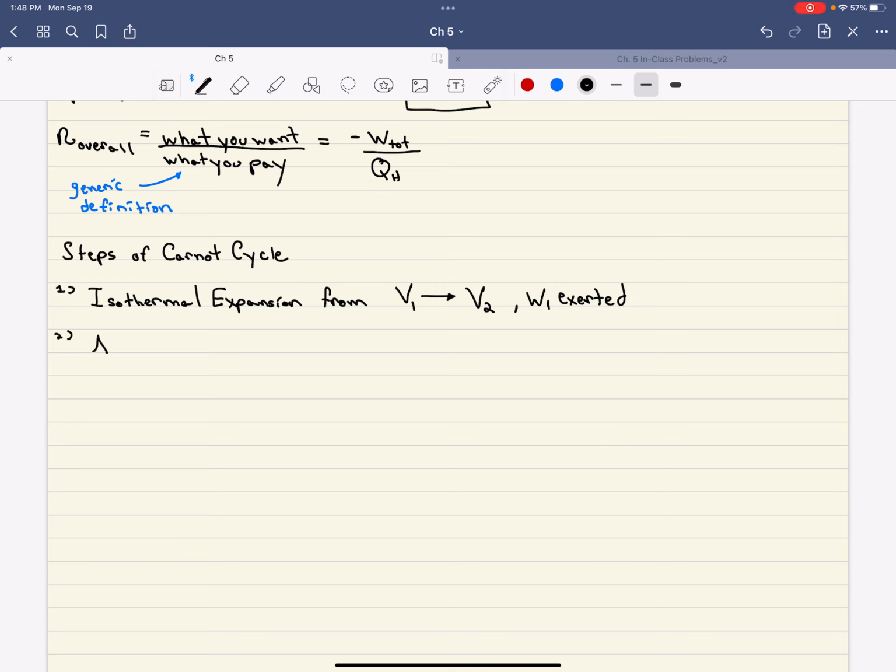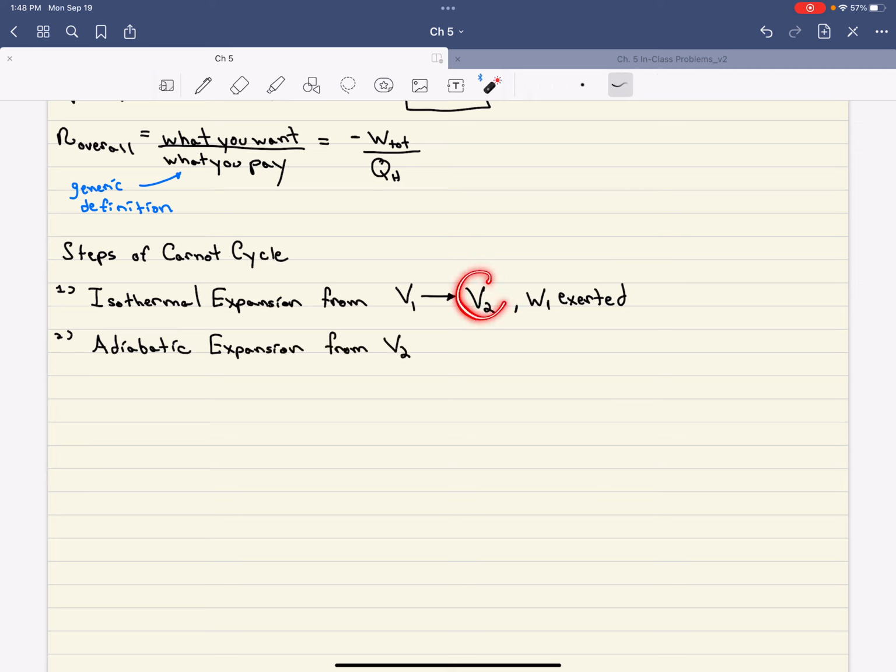Step 2 is now going to be an adiabatic expansion, where we go from the same V2 that step 1 ended at, now to some V3. And since it's still an expansion, work is still exerted.